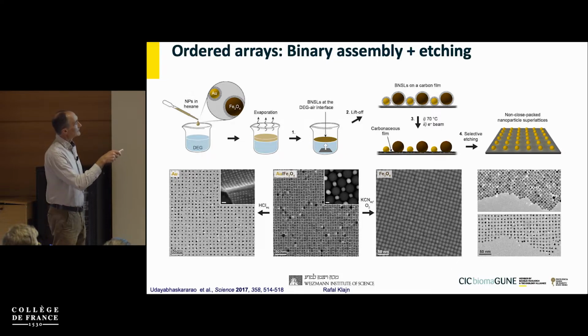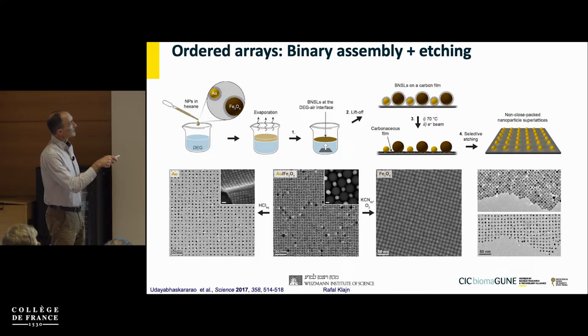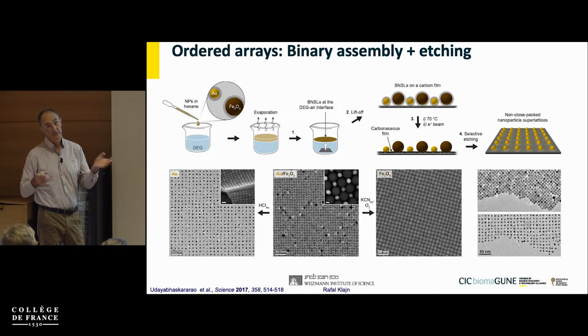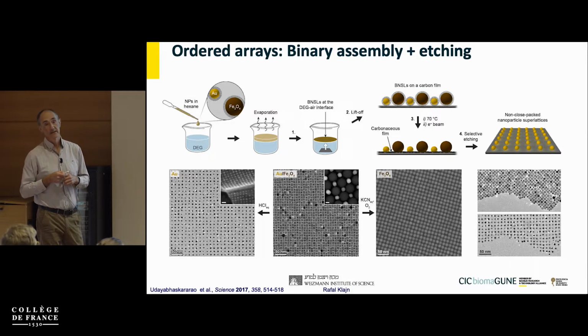Now, if they were doing this with a surface that was coated by a carbon film, like the TEM grids that we use typically, then by simply heating it up a little bit and then irradiating, for example, in the electron microscope, the structures were much more robust than at the beginning.